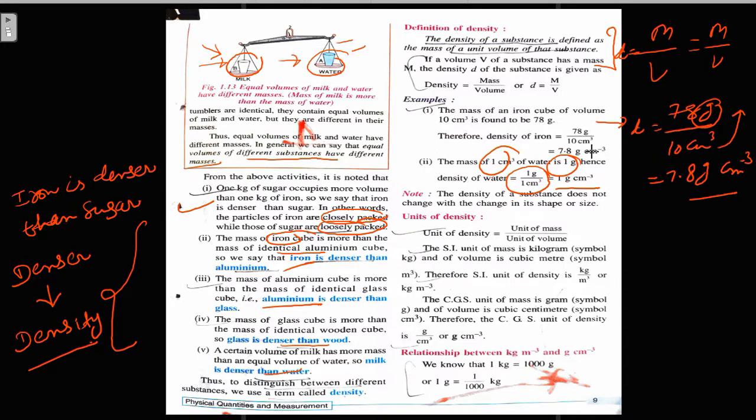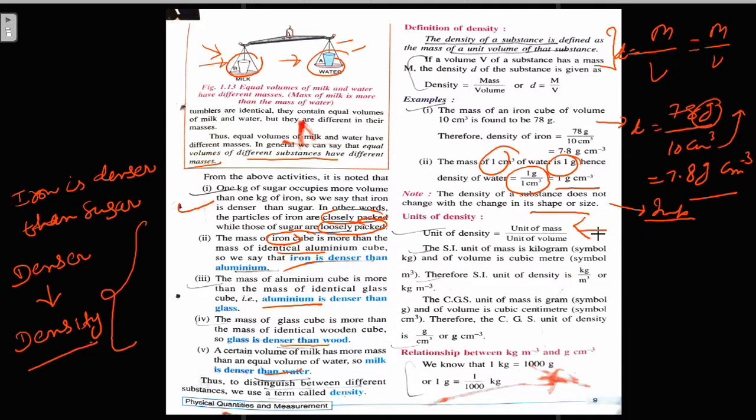The density of a substance does not change with shape or size. This is important, keep it in mind. Units of density are unit of mass upon unit of volume.